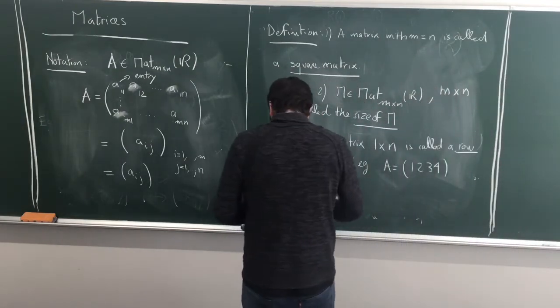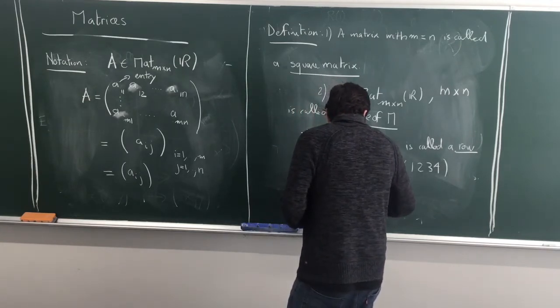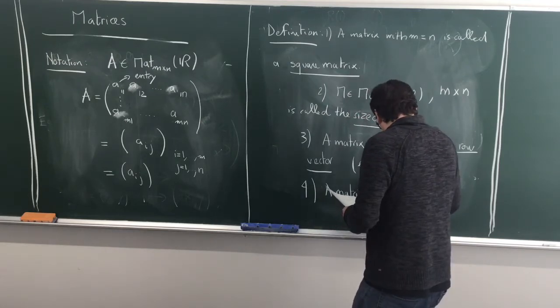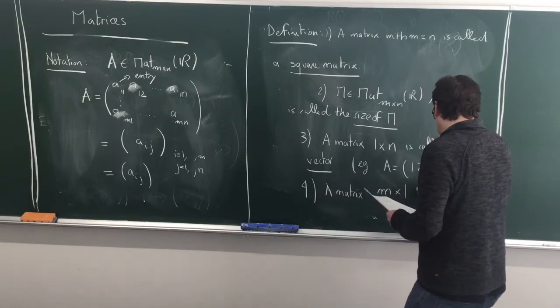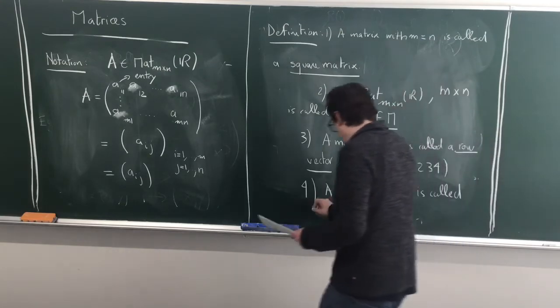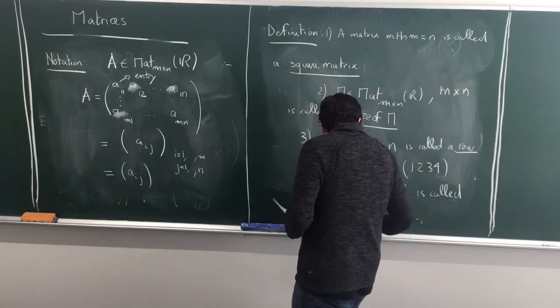Similarly, you can define a matrix with m rows and one column, and this is called a column vector.